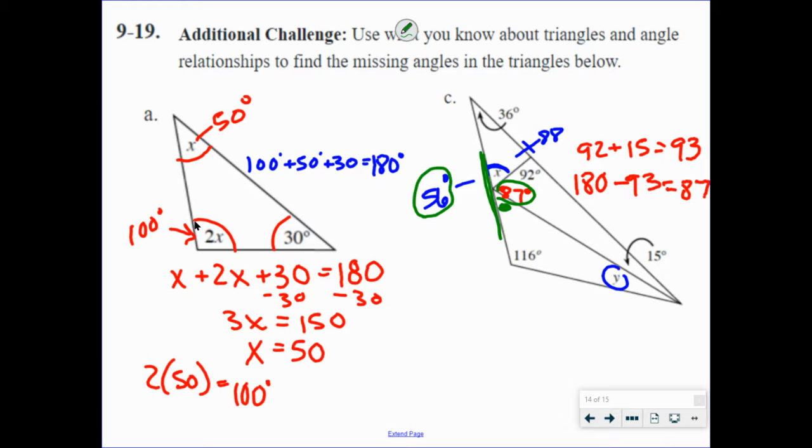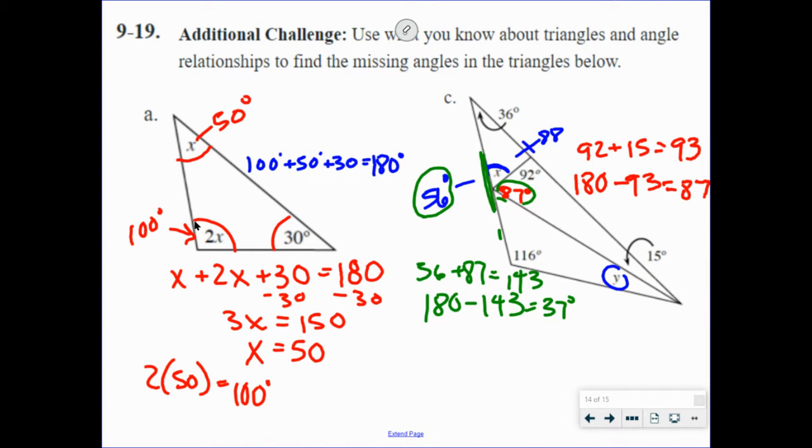We know two of the angles, so we have to complete it. 56 plus 87 equals 143. But hang on, that angle doesn't look like 143 degrees, right? So you got to do 180 minus 143, and that is 37 degrees. So this guy is 37 degrees.